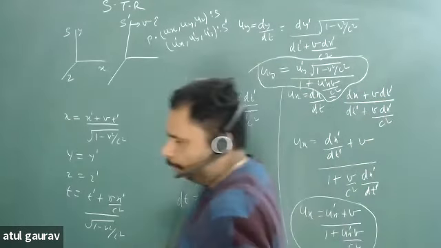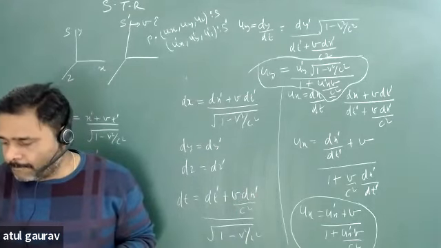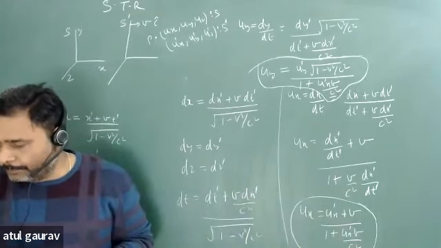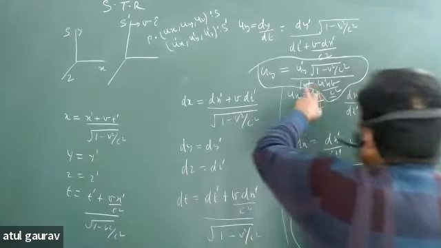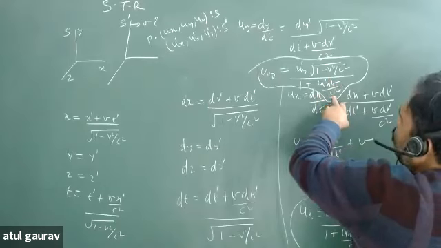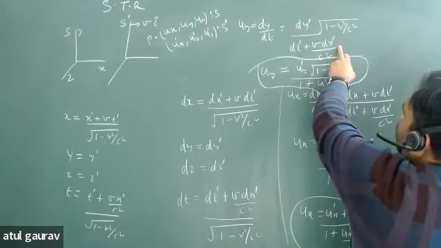Everyone is comfortable? The denominator is 1 plus ux dash v upon c square. You can just divide dt dash from here, dt dash from here.